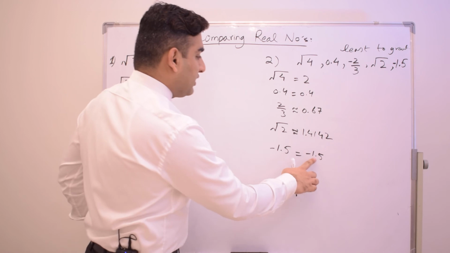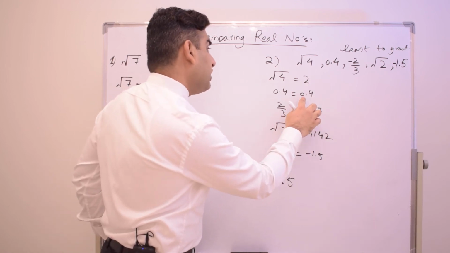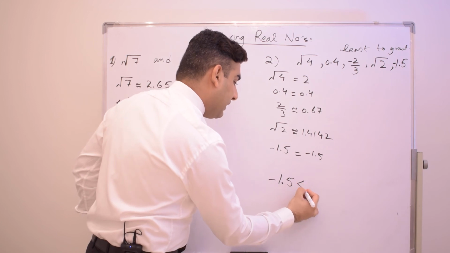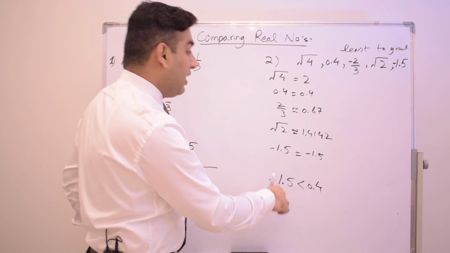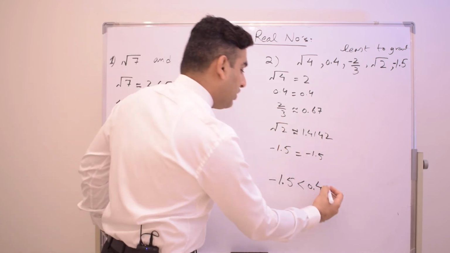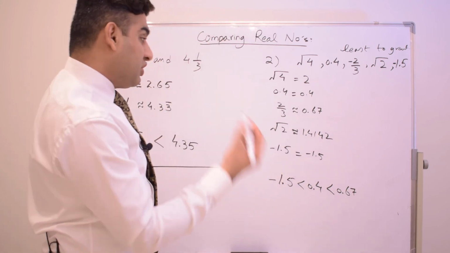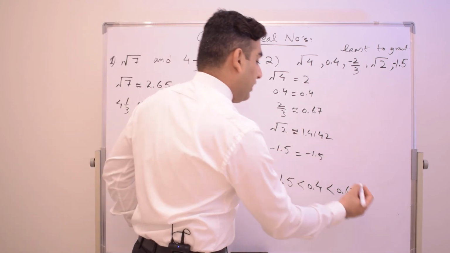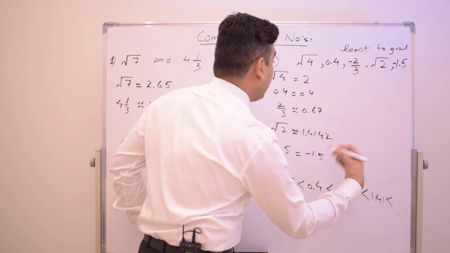After minus 1.5, which one is greater? 0.4. So 0.4 is greater than minus 1.5. After 0.4, which one is greater? Of course 0.67. After 0.67, it is 1.41, and the last one is 2.